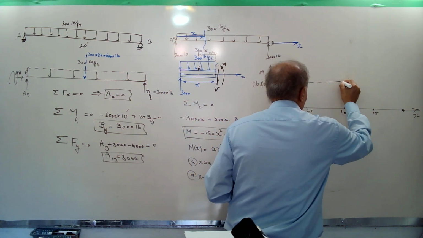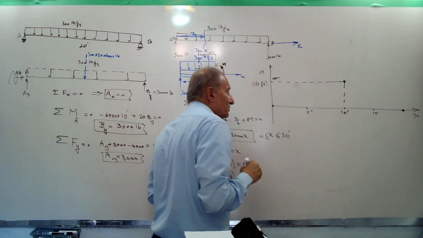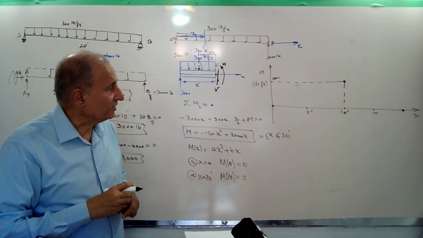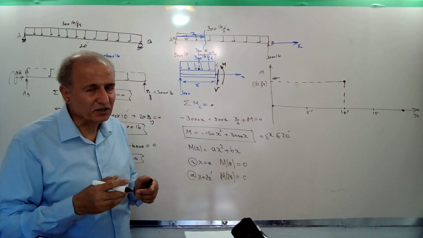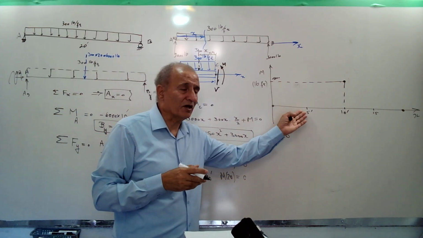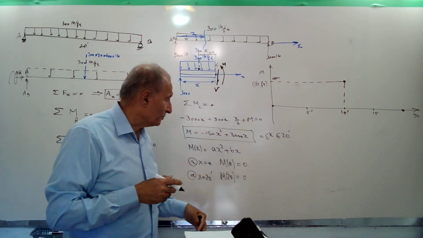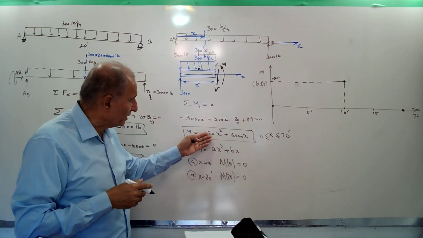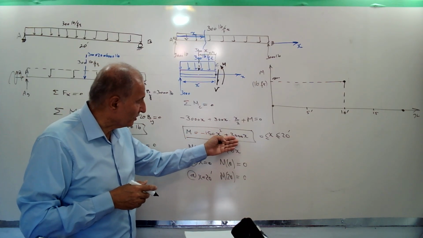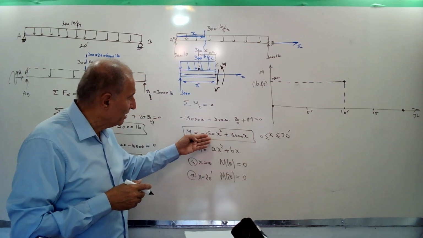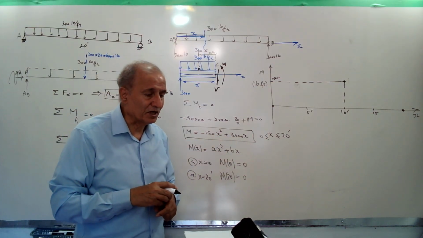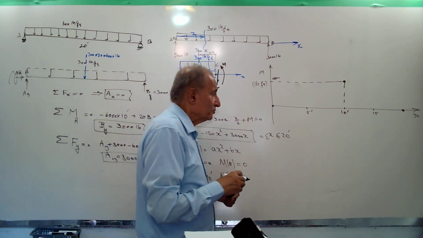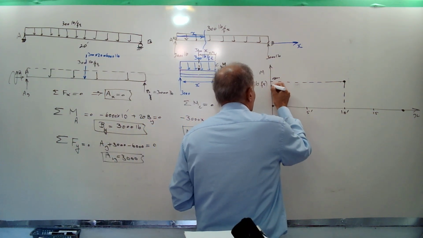At 10 we have 3 points, but because it is a parabola, we cannot draw it with 3 points. I need more points, for example at 5 or 15. If I substitute 5 here, 25 times 150 is 3,750, and 3,000 times 5 is 15,000, so 15,000 minus 3,750 is 11,250. Close to that.